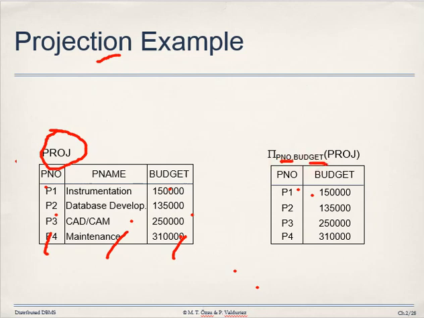But remember, it will give all the tuples. There are 4 tuples in the project table, and the result also has 4 tuples. So here we are applying a filter on the attributes or columns, giving a subset of the project table with 2 attributes, project number and its budget.